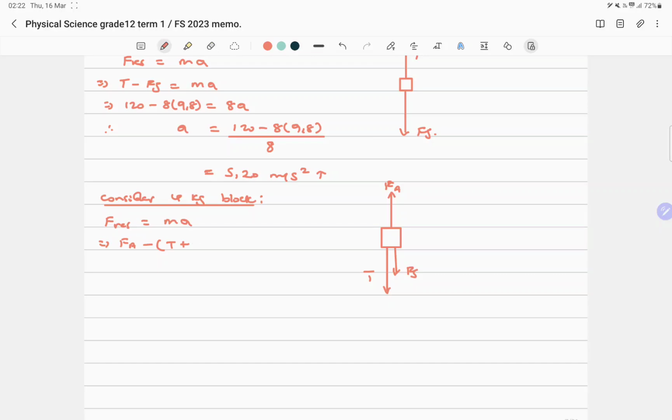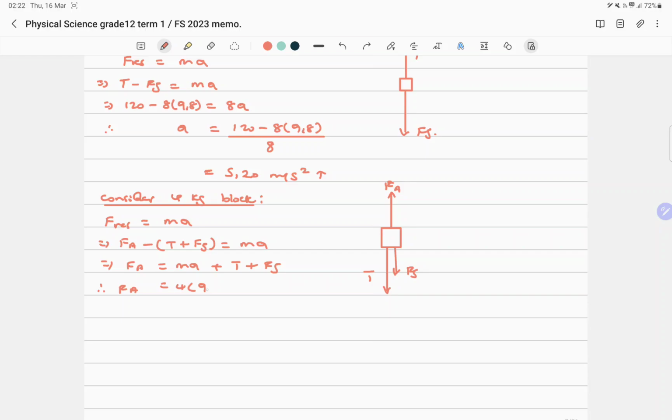Okay, equals ma, which implies now that the applied force is going to be equal to ma plus tension plus Fg. Therefore, the applied force is going to be 8 into, sorry, not 8 this time, this is the 4 kilogram block, into 9, oh, don't do it.